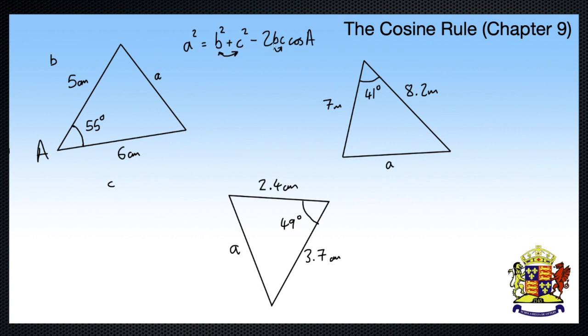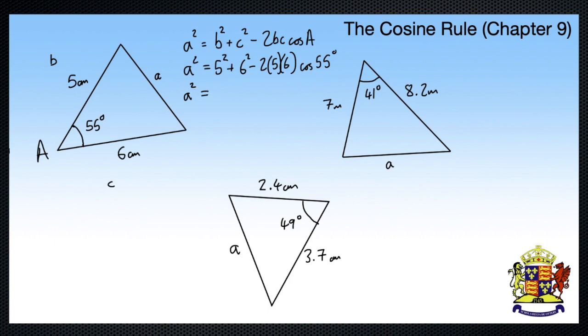Don't get too hung up about which one's B and which one's C, unless of course it is the missing angle, in which case be careful. So for this one, a squared equals 5 squared plus 6 squared minus 2 times 5 times 6 cos of 55 degrees. Make sure your calculator is in degrees.